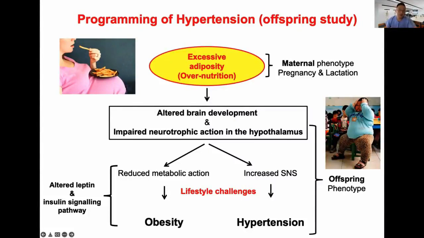These underlying conditions will lead to changes such as reduced metabolic action and an increase in sympathetic nerve activity, making these offspring more prone to develop obesity and hypertension when they are exposed to an obesogenic environment later in life. And we think this, again, is due to the action of the leptin and insulin signaling pathway in the brain.